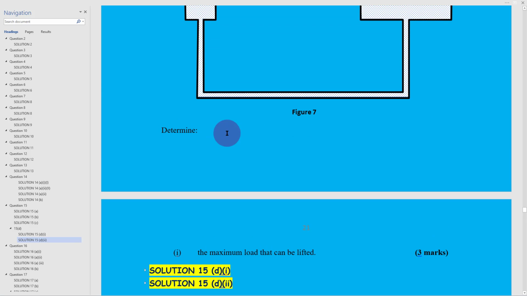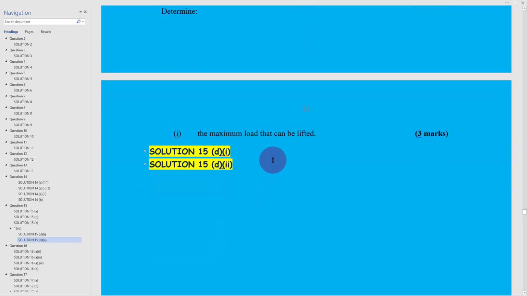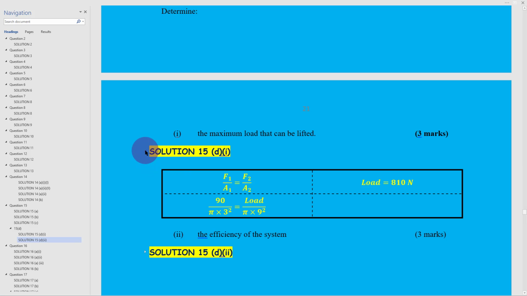In part 1, we are asked to determine the maximum load that can be lifted. So let's look at that. Of course, it comes from what I've just said. F1 over A1 is equal to F2 over A2. F1 was 90 newtons. A1 is the area of that piston, which is pi times 3 squared.